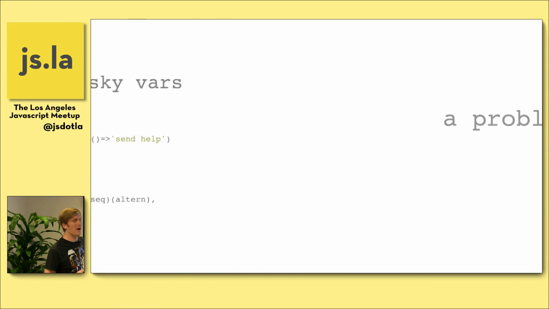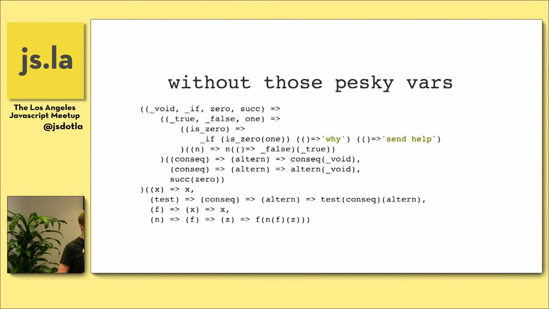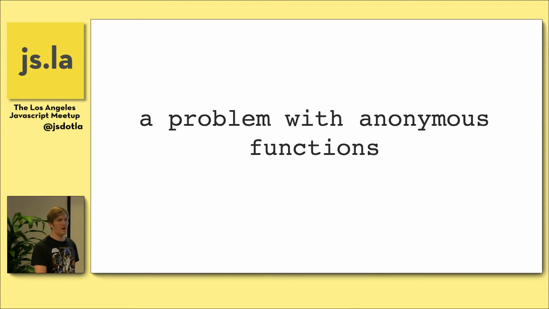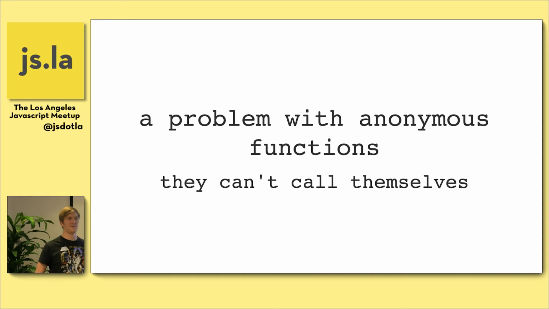But you noticed everything here is anonymous, right? Nothing can name itself, which is a problem because they can't call themselves. So you can't have a function that is totally anonymous, that is unnamed, that also somehow knows how to name itself and then call itself, right?